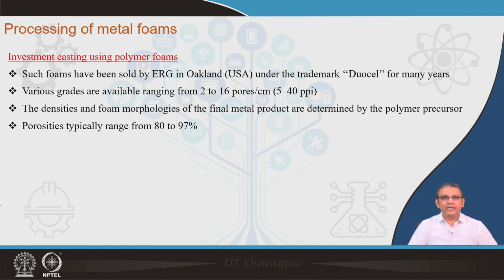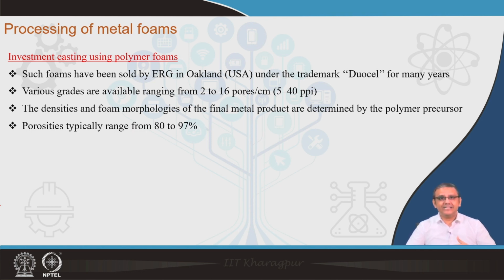But one important thing to remember here is that the porosities that we typically obtain in this process are very high. That means, if we want to fabricate an open cell porous foam with a lower amount of porosity, like around 40-50%, then this process is not a good choice, because if the porosity is low, it will be very difficult to infiltrate the initial polymer foam with the ceramic slurry. So, for this process to be successful, the porosity has to be very high, around 80 to 97%.